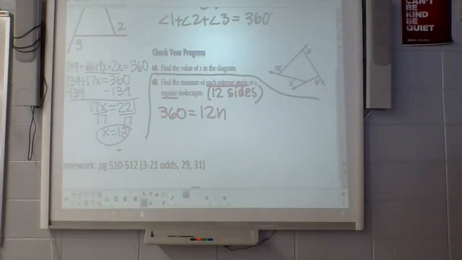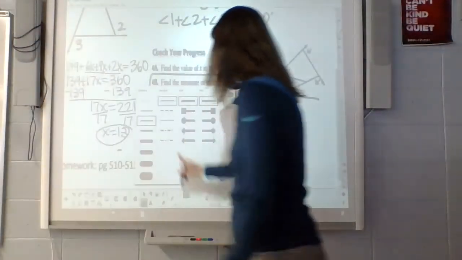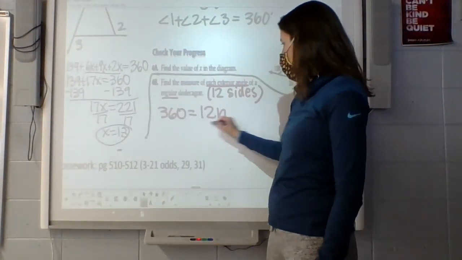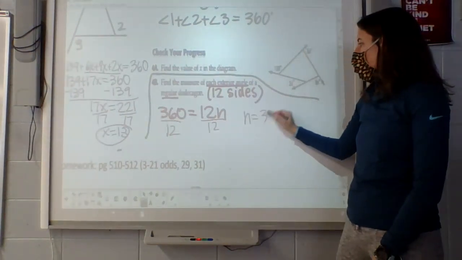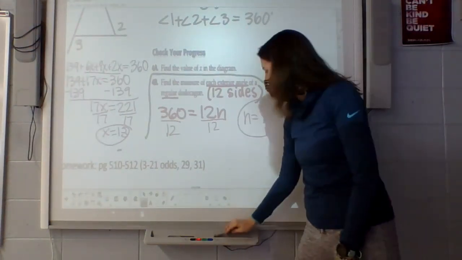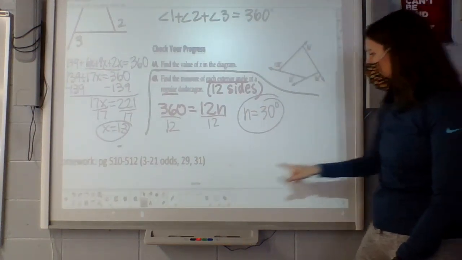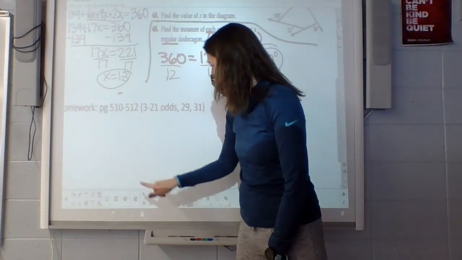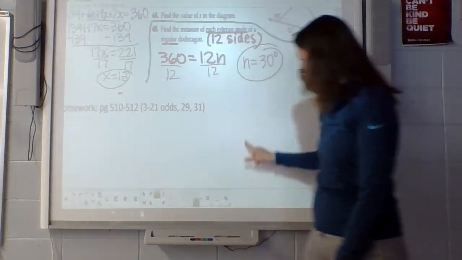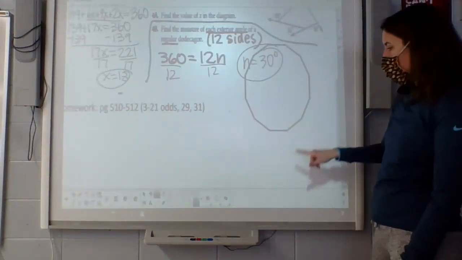This one's a lot more straightforward. The number of sides and angles is the same, so in order to figure out the measure of one of them, divide by 12. So n is going to be 30. And that makes sense, because if I have a regular dodecagon, here's my regular dodecagon.